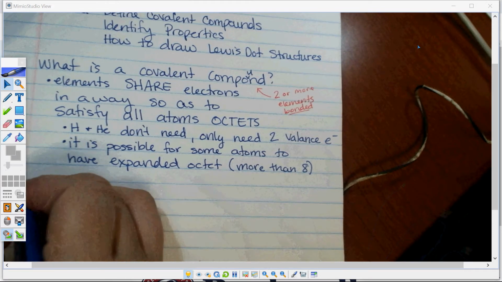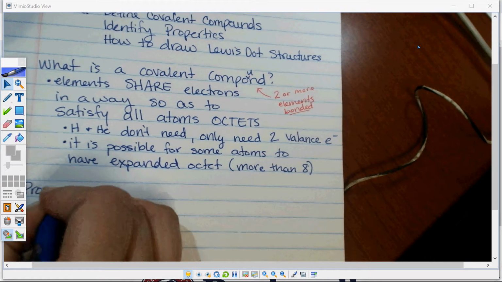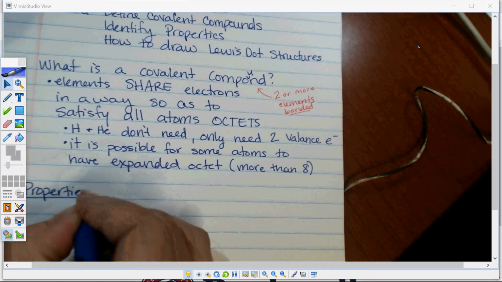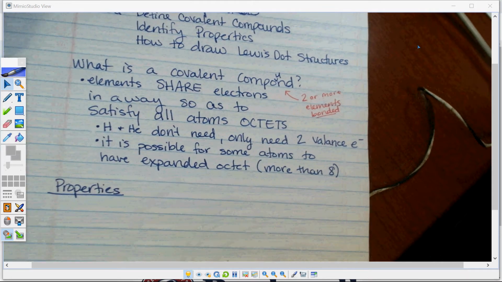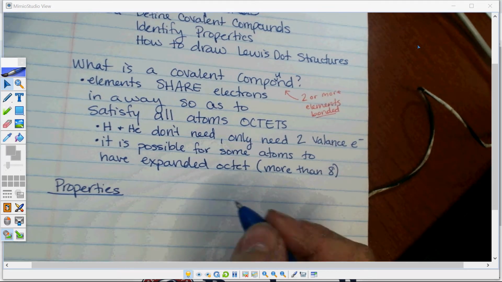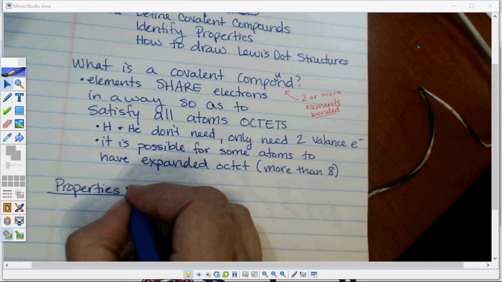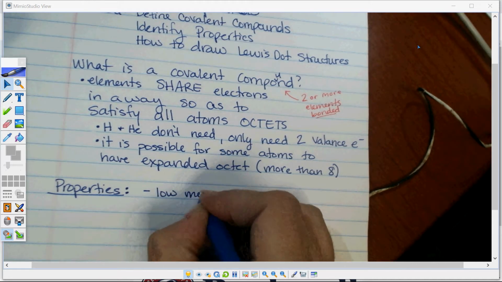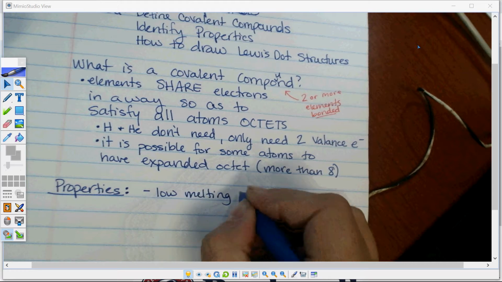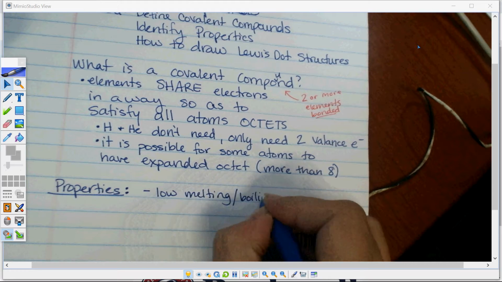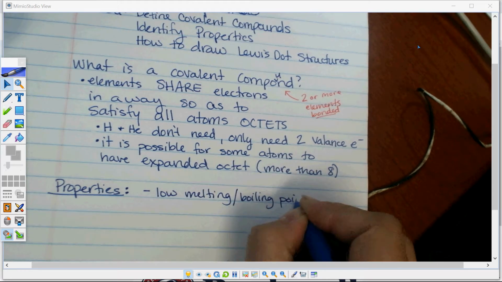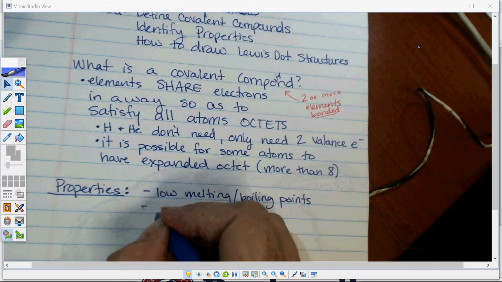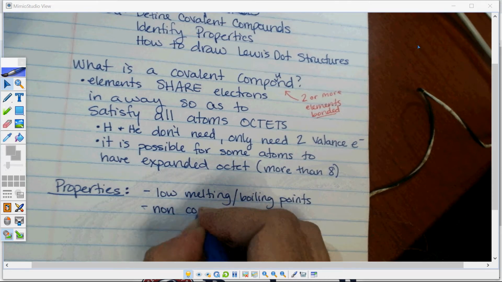So the second thing we gotta go over is properties. So properties, just in general, these are kind of a memorization thing. Covalent compounds tend to have low melting and boiling points. They're non-conductive.